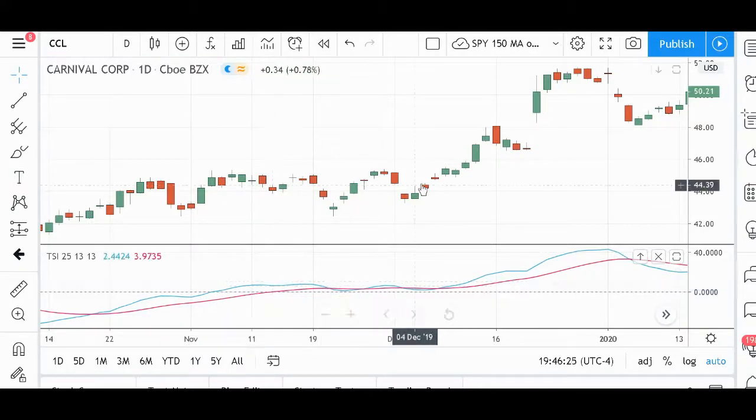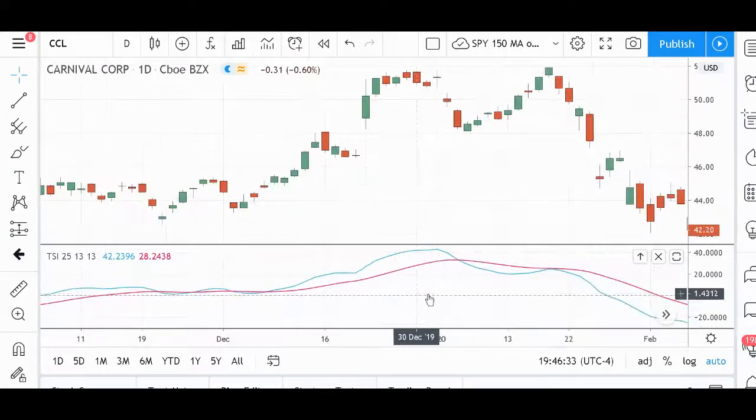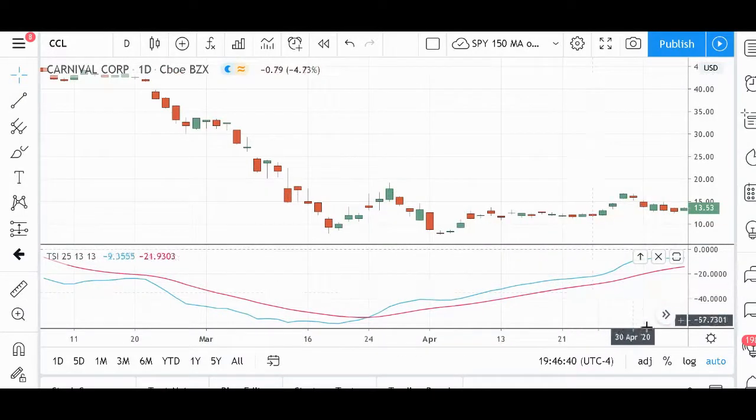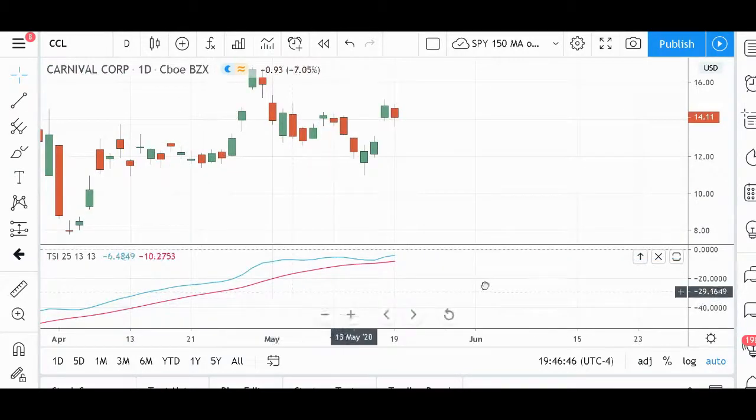And it worked pretty well here, because after it went above 0, it went sideways for a while, but then boom, went upwards. And we can see that the number went higher, went above 40. All right. But again, here it is going down to negative 60. So again, the bounds are 100 and negative 100.